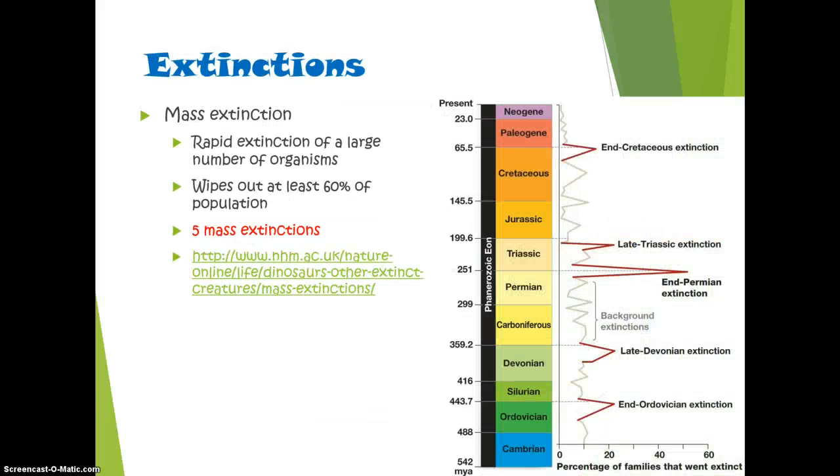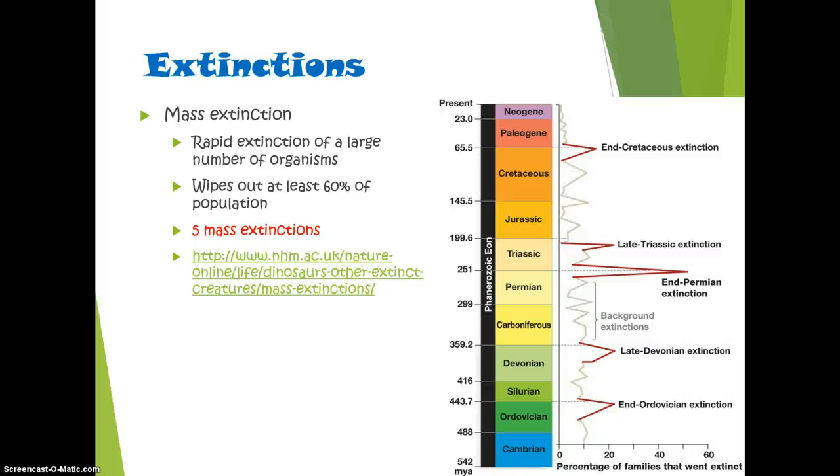Okay, so mass extinctions are much larger. It's considered a mass extinction when at least 60%, so more than half, of the population is wiped out. There's a rapid extinction of a large number of organisms, so we're looking at more than just the T-Rex or the Triceratops. We're looking at many different organisms where more than 60% are being wiped out.